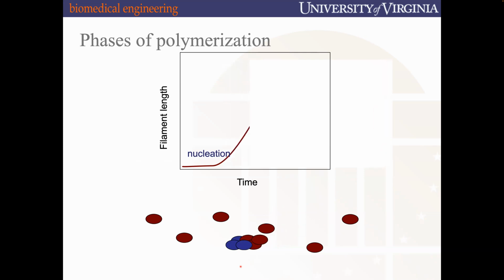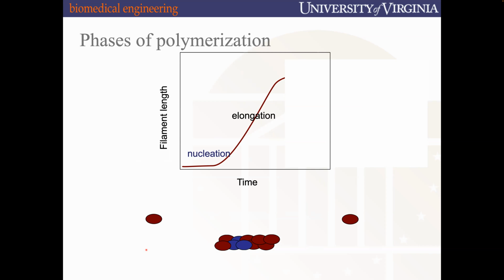And then all these other free monomers that are in the vicinity will continue to bind and grow this chain, increasing polymerization. And this generally happens fairly rapidly. And this phase is known as elongation. So as you can see, there's a little bit of lag before this nucleation process occurs.